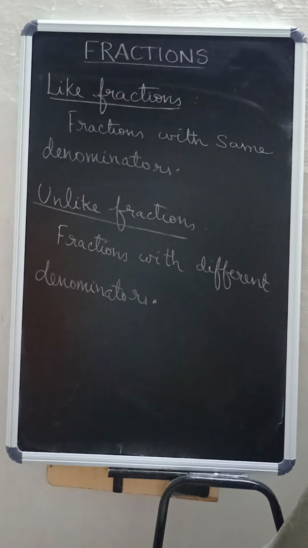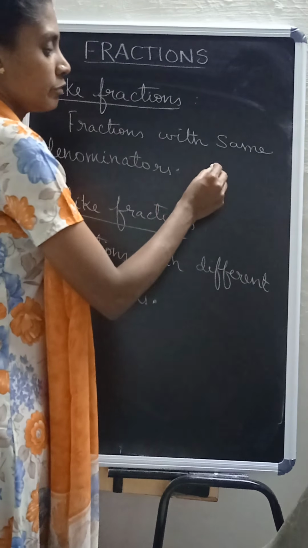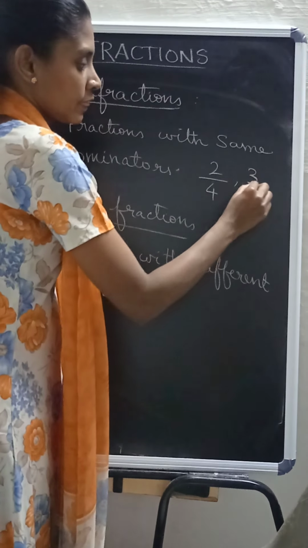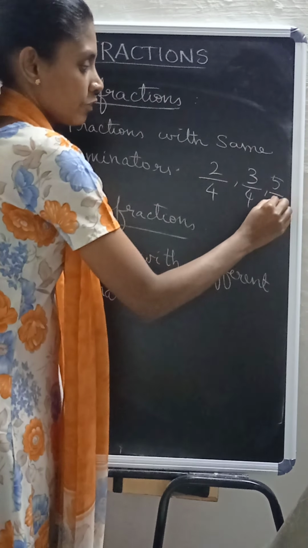Now, like fractions and unlike fractions. What are called like fractions? Fractions with same denominators are called like fractions. Unlike fractions, fractions with different denominators are called unlike fractions. Now say for example, an example for like fractions, 2 by 4, 3 by 4, 5 by 4.